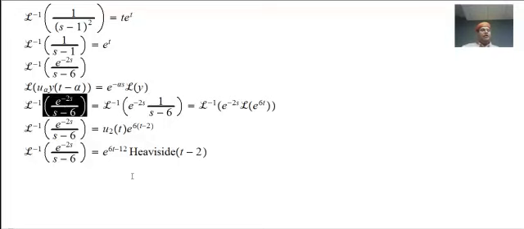Now notice, I had to get the inverse Laplace of this, right? So I factored it because e to the negative alpha s factors out like this here. Makes sense? And then I factored 1 over s minus 6. Are we good? And 1 over s minus 6, I recognize right away that this is Laplace of e to the 6t.